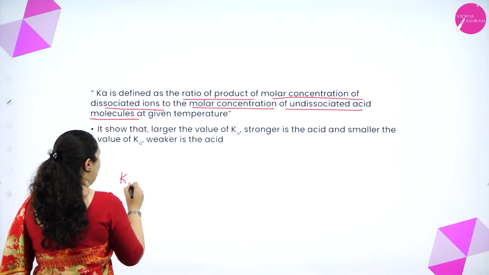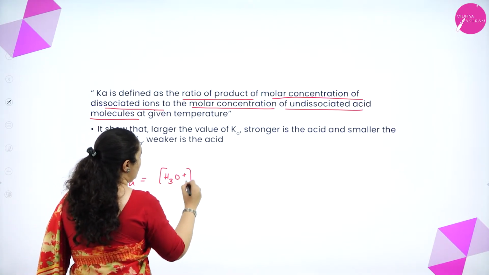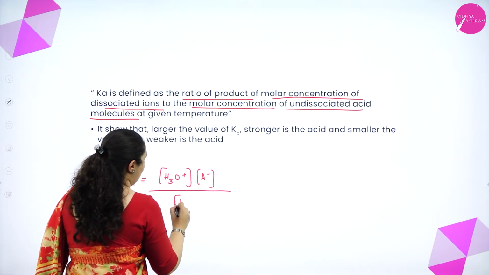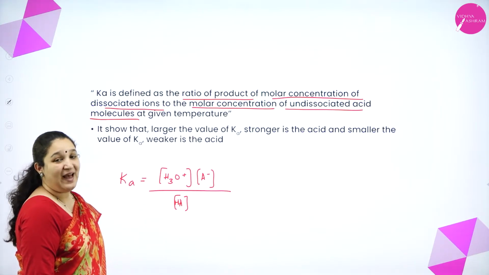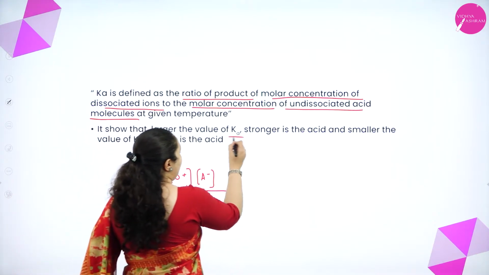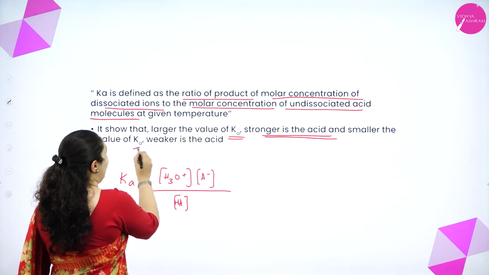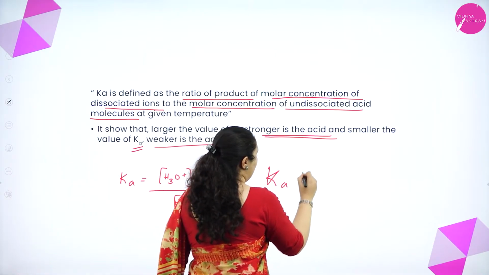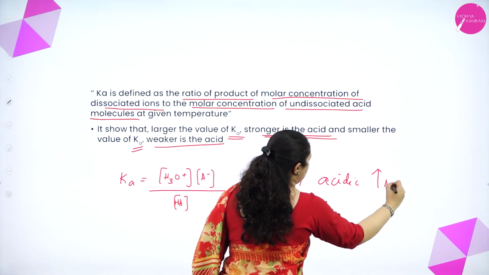Now, the larger the value of Ka, stronger is the acid. Smaller the value of Ka, weaker is the acid. So, as the Ka value increases, acidic strength also increases.